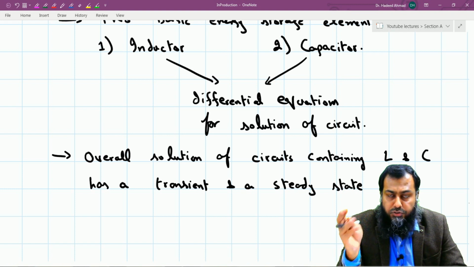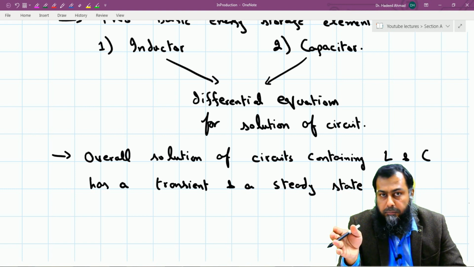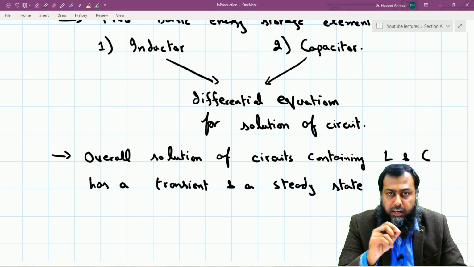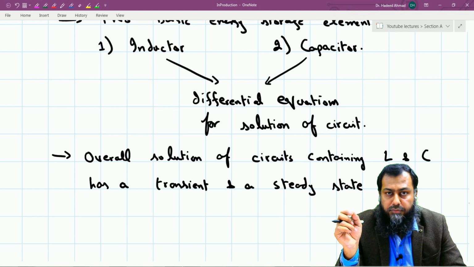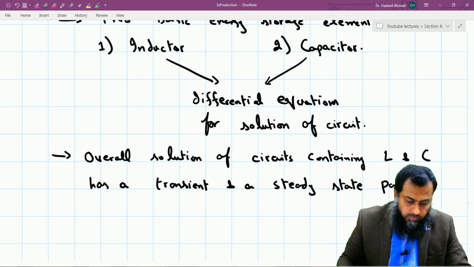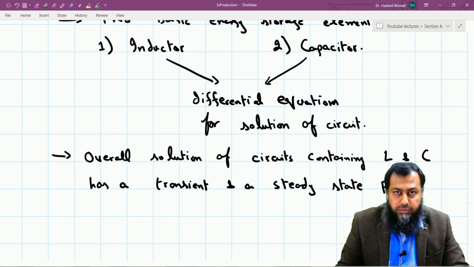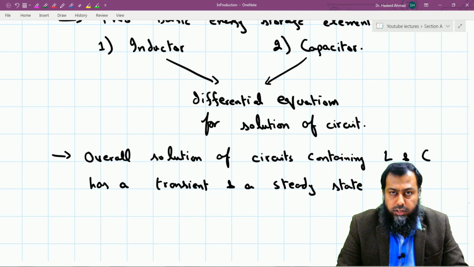So we shall be focusing only on the current-voltage characteristics of the inductor and the capacitor. However, we shall slightly look into the physics involved in the design of the capacitor as well as the inductor. So let us start with the first element, which is known as the inductor, and thereafter we shall move on to the capacitor.